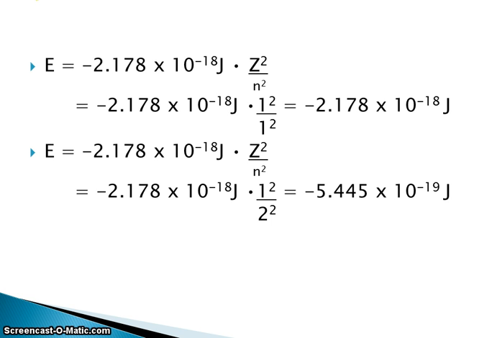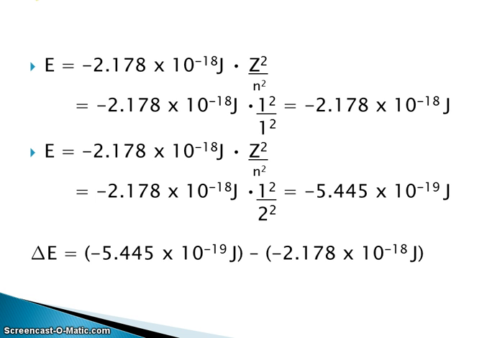Now when we think about that, that's a smaller number than 10 to the minus 18. So we're going to take those values, and we're going to take the less negative value and subtract it from the more negative value. And that's going to give us a delta H of positive 1.633 times 10 to the minus 18 joules.